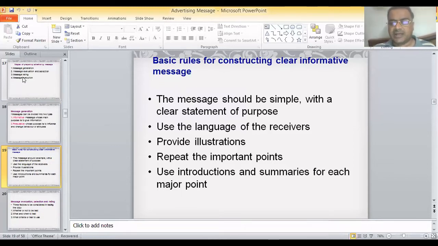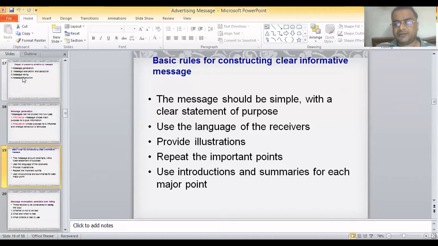Wherever you can, you should in an informative message, because there is information, and information is best presented by graphs or charts or maybe pictures. These are helpful, visibly it is much better, and it sends through the information quicker than if you put it in words.